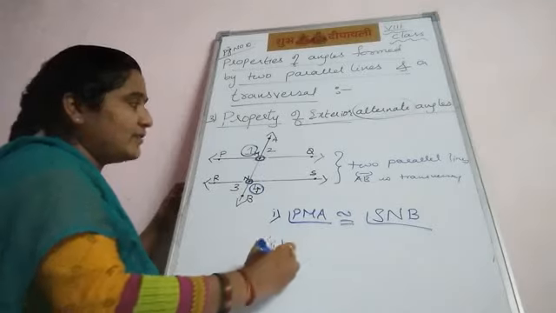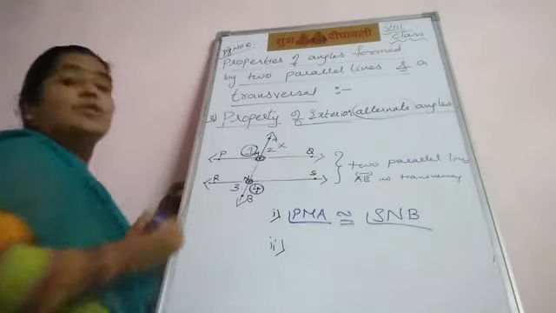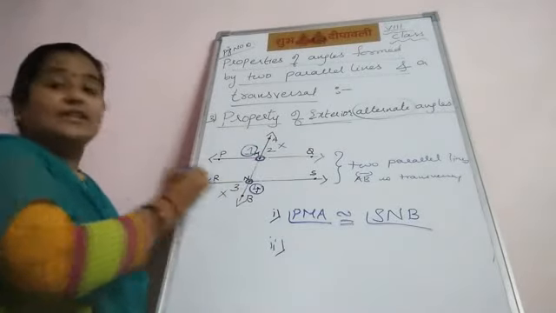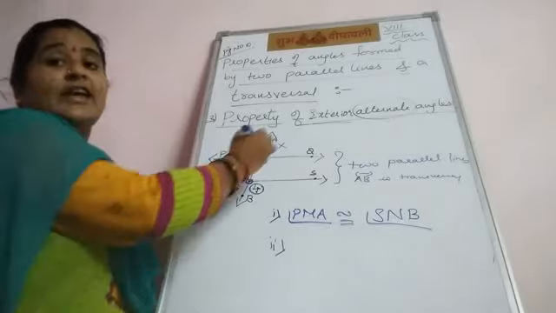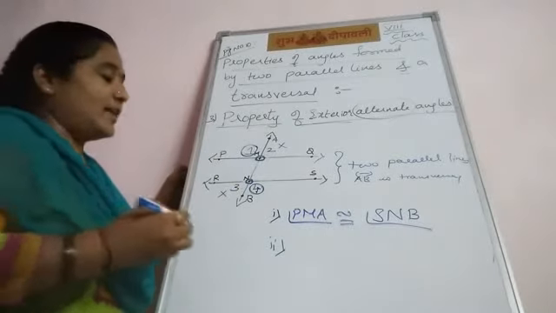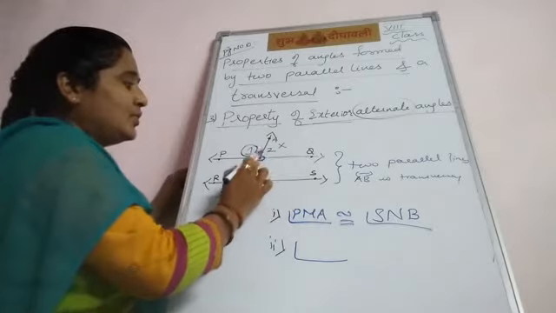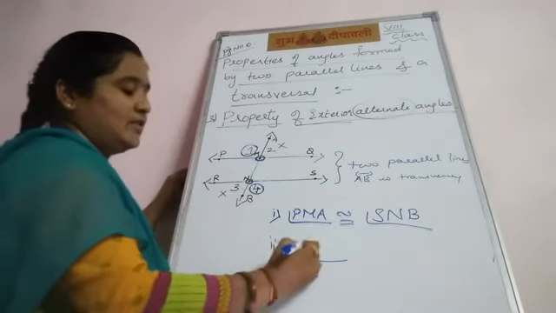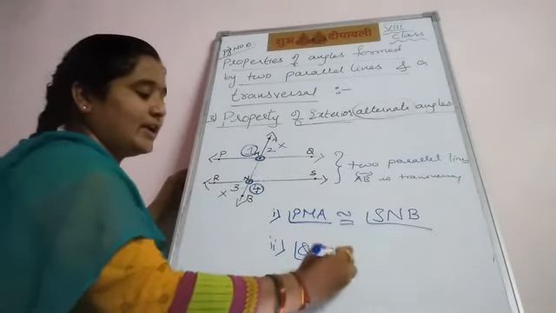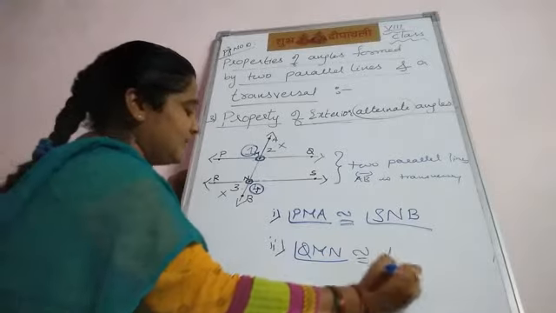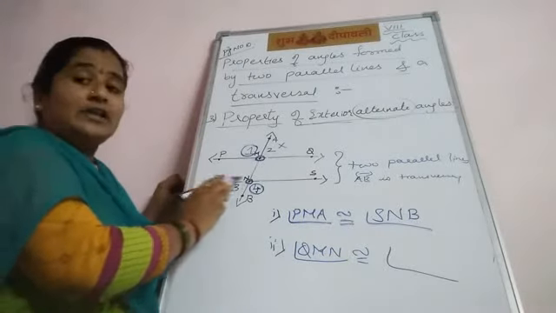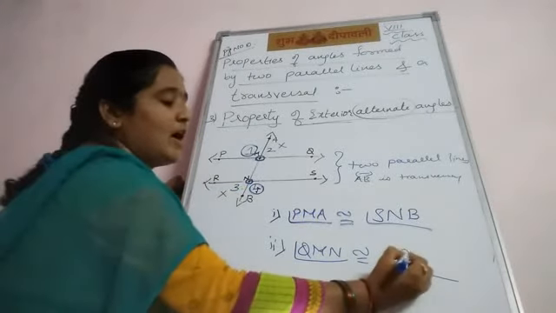Now second pair. Angle 2 is congruent to angle 3. These are the exterior alternate angles. Three letters form. Angle QMN is congruent to angle RNB.